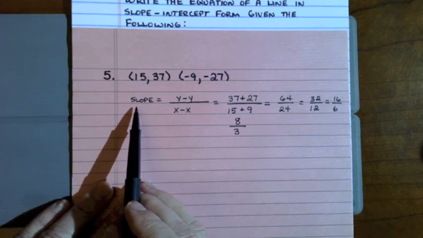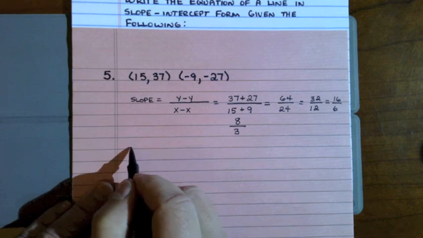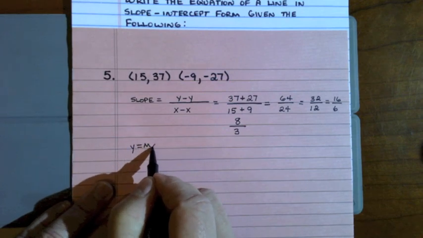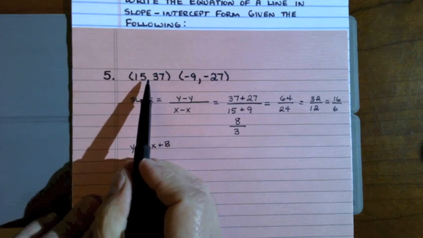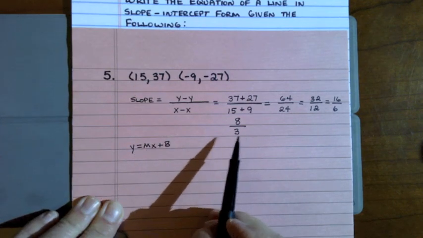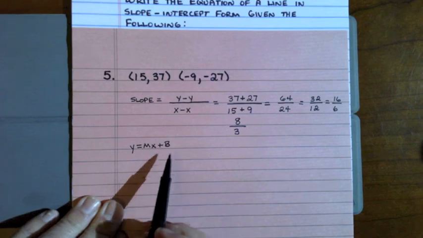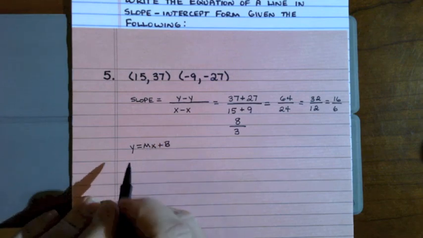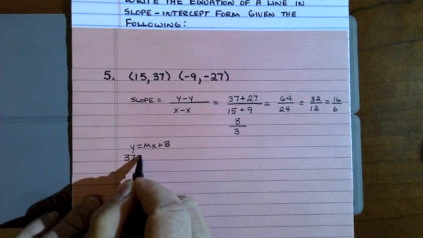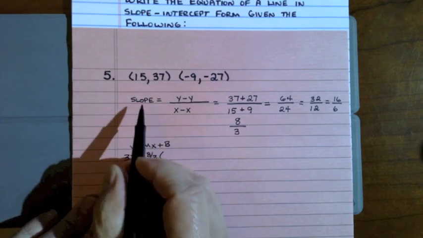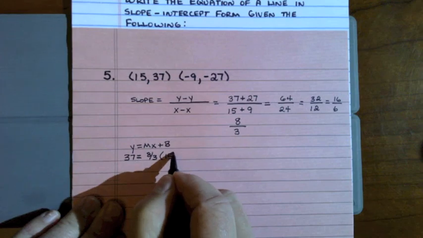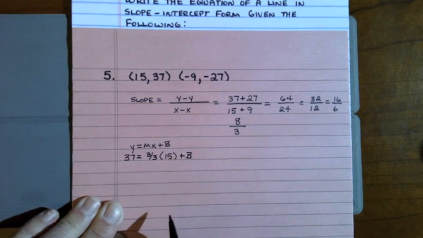Not only do I need the slope to write the equation of a line, I need the y-intercept. And I'm going to use this formula right here to figure out what the y-intercept is. I'm going to take this first point and plug it in here, and this slope, and plug it into this formula, and then solve for b. My first y, 37. The slope, 8/3. And my first x, 15, plus my y-intercept.